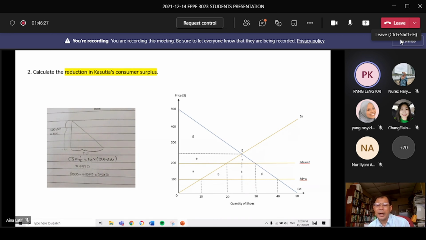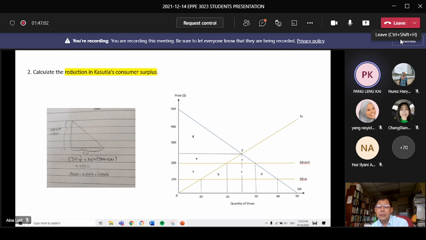Then consumer surplus reduction will be the area of A plus B plus C plus D. So we want to find the reduction in the consumer surplus before tariff and after tariff.